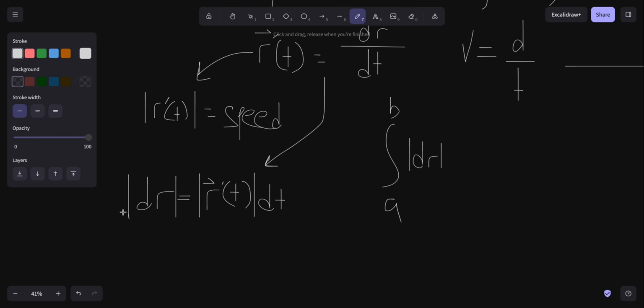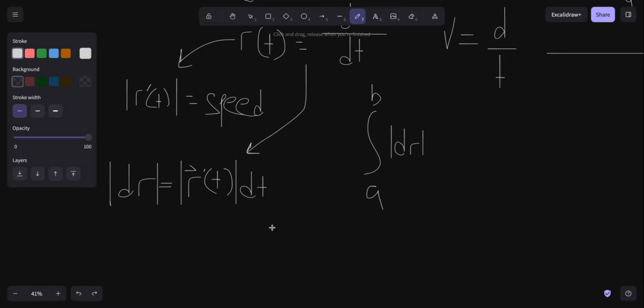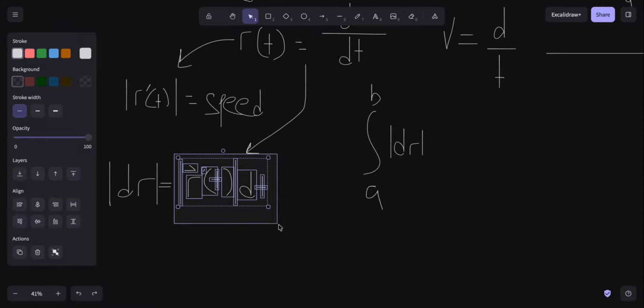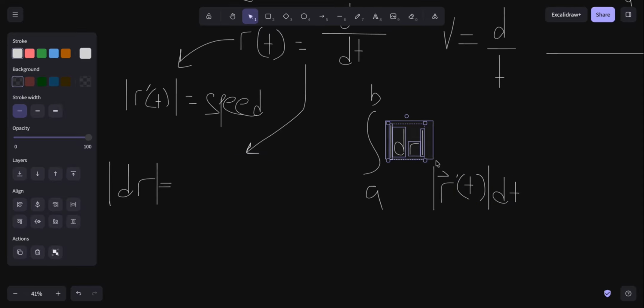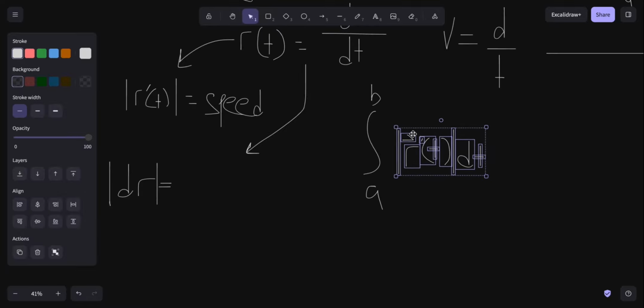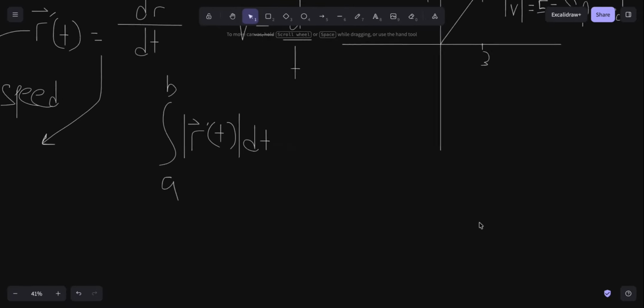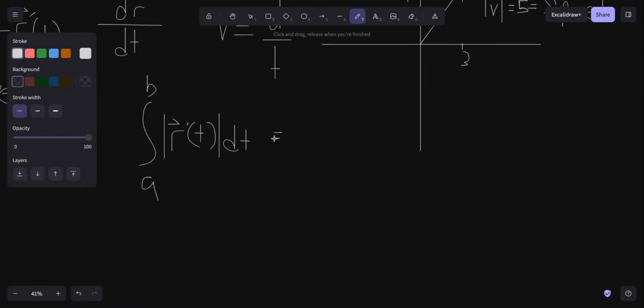So to make this scalar quantity equal to a scalar quantity, I have to take the magnitude on both sides. And I'm able to substitute this in for dr. So this is another equation for arc length that you might see.